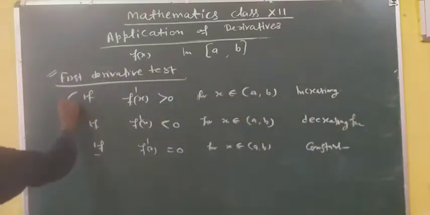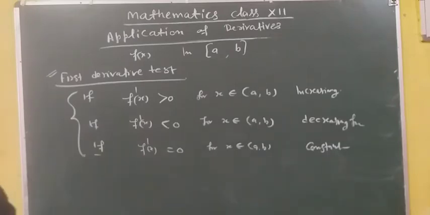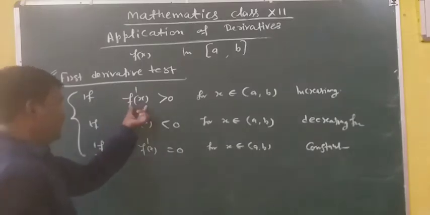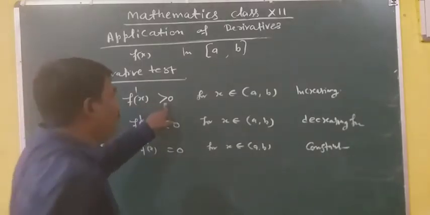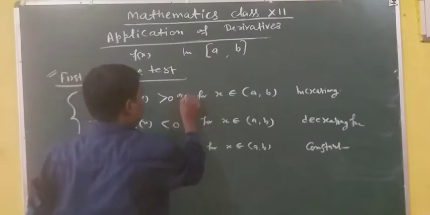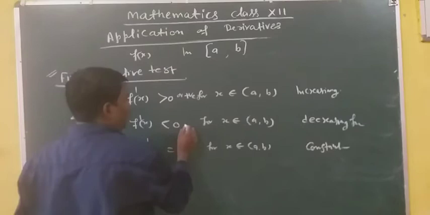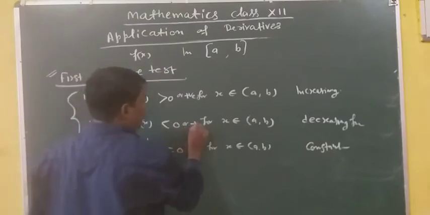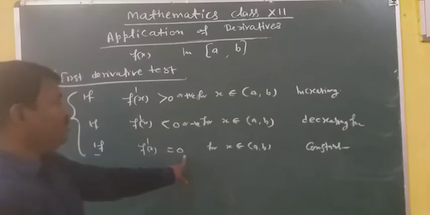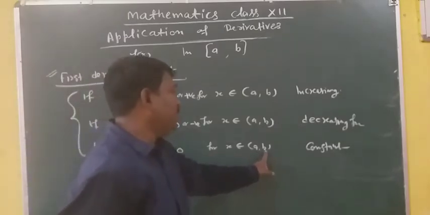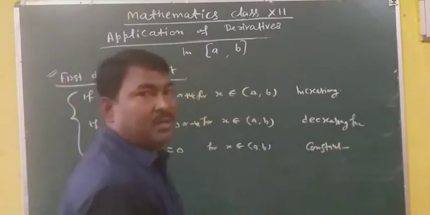So these are all the conditions of the first derivative test. If f dash x is positive, greater than 0, the function is increasing; if negative, decreasing; if f dash x is 0 for x belonging to (a, b), it is constant.